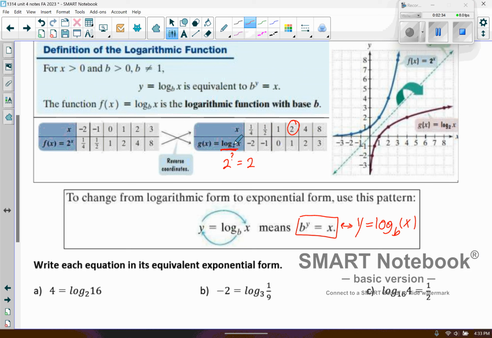The 2 is the base, and the y is my answer. The x value is what I'm plugging in, which is the 2. So 2 to what power gives me 2? Well, 1. If you were to plug in a 4, you would ask, 2 to what power would give me 4? That answer would be a 2. So really, with logarithms, you're just solving for exponents.